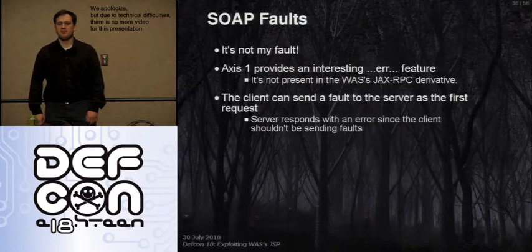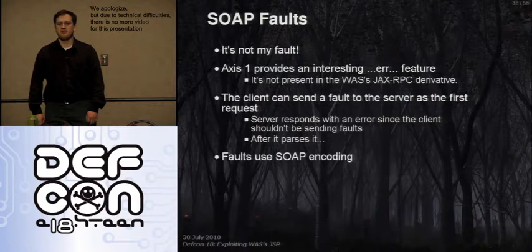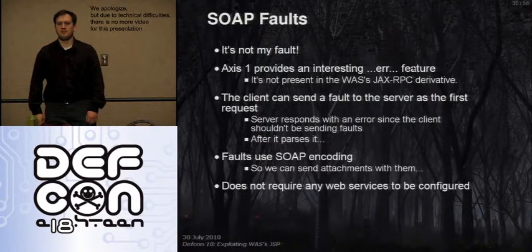I'm supposed to send you faults, not vice versa. But the nice thing is that it parses it anyway first. And just for fun, SOAP faults use SOAP encoding. So we can send attachments with them too. So not only are we sending a fault, we're sending a fault with an attachment. And it also doesn't require any web services to be actually configured in Axis 1. It just requires the exposure to the Axis 1 servlet itself, which is plenty enough to actually get this to work.